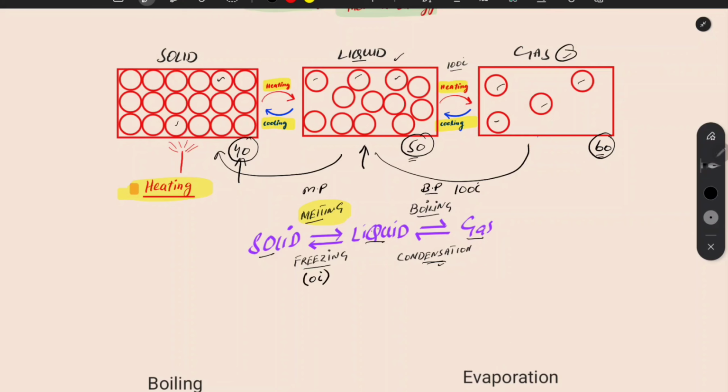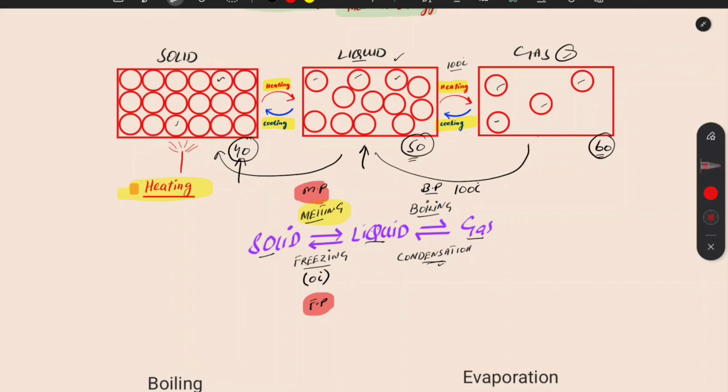And you should know that the melting point and freezing point are always the same. So if anything melts at 0 degrees centigrade, it will freeze there too. If you lower the temperature to 0 degrees centigrade, then that substance will freeze at that temperature.